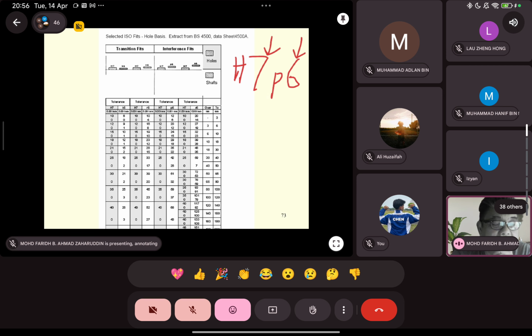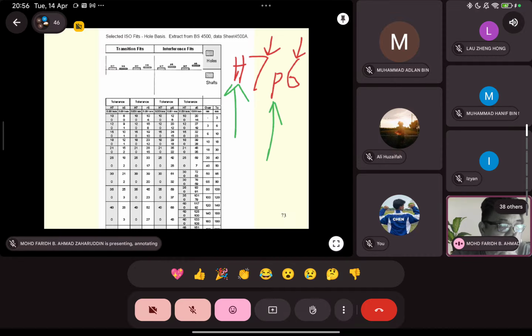Izian answering that just now about shaft and hole is correct. This is the big capital for holes, small capital for shaft. Okay, so betul lah.